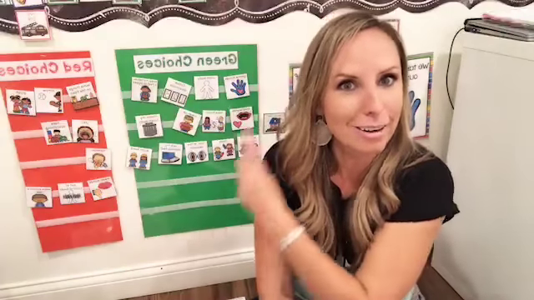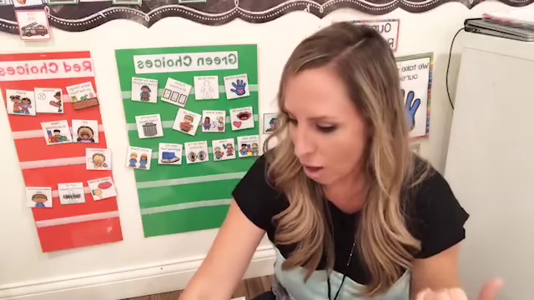How many times do you go to a meeting and you get in a group and there's one person who doesn't know how to work in a group, and it's so frustrating. So we want to teach our kiddos the green choices to make, so that when they're older and they have to go to work or they have to work on a group project in first grade, they know how they need to act and how they need to behave and the words they need to use to interact with others and be successful with that.